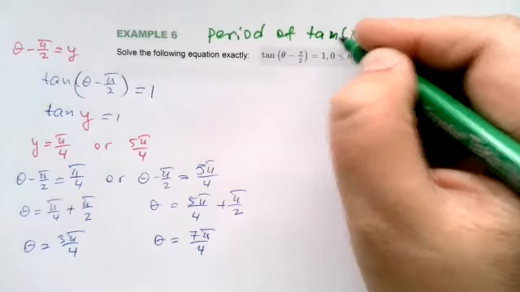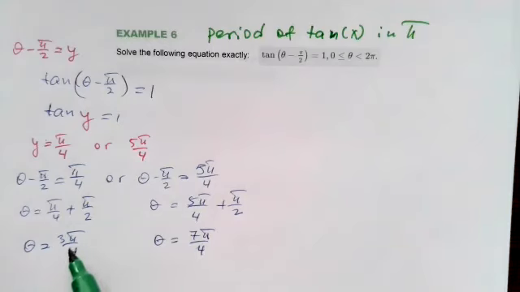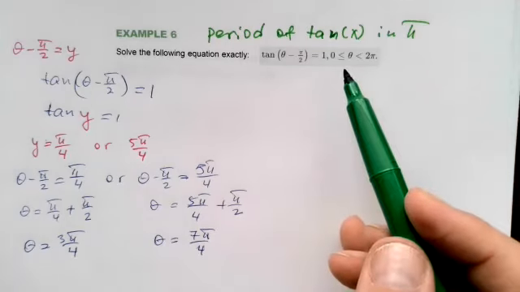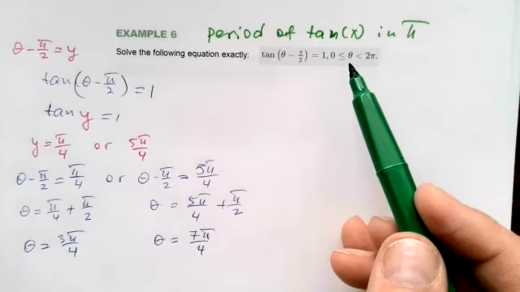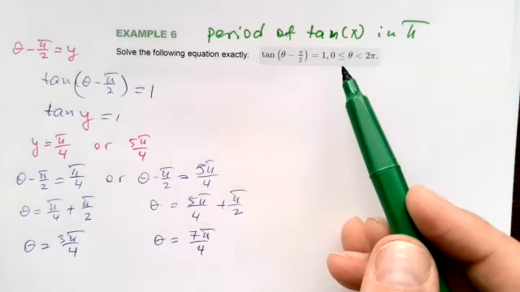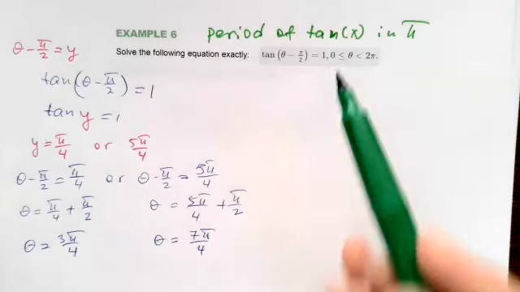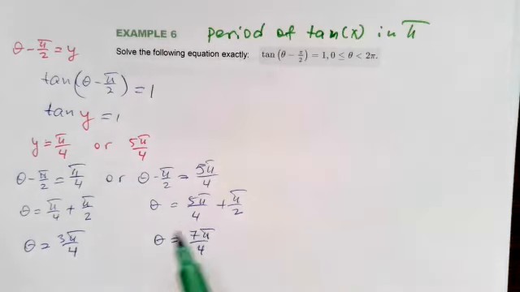Okay, so when we add pi on top of 3 pi over 4, are we going to be inside of this period? And the answer is yes, it's going to be 7 pi over 4, but we already have that listed as one of our solutions. What if we add pi on top of 7 pi over 4?